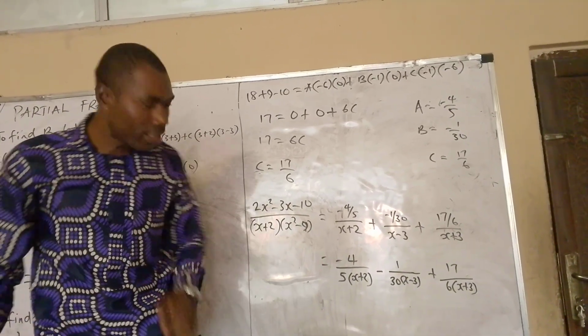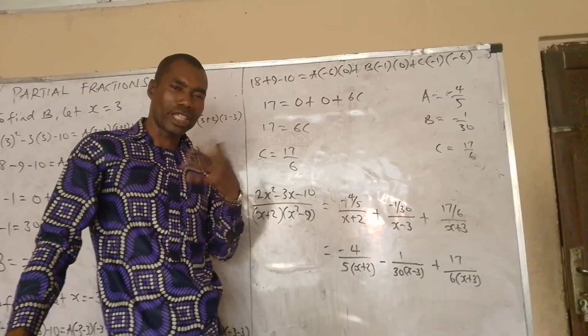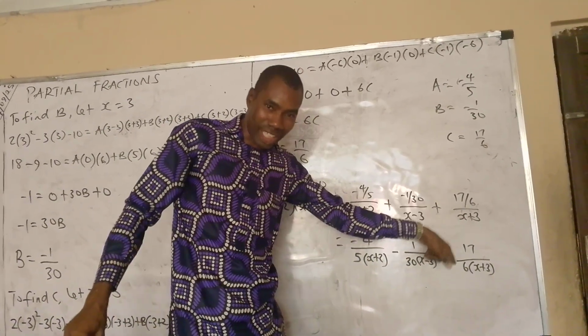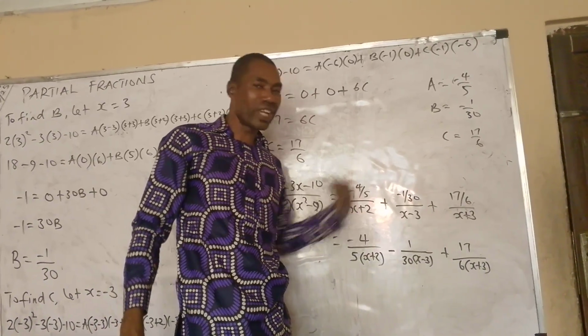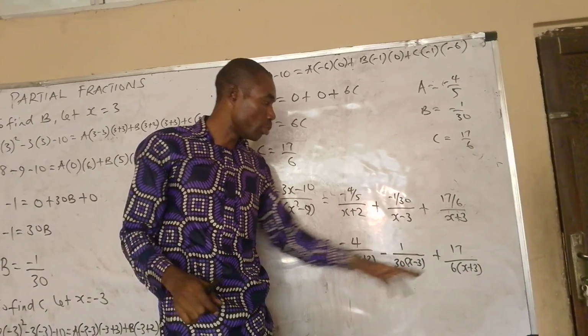I don't like a negative value to always begin my expression if I have a positive value in the expression. So I will bring this one first. Anyone can come first, it doesn't change anything. So bring this one first.